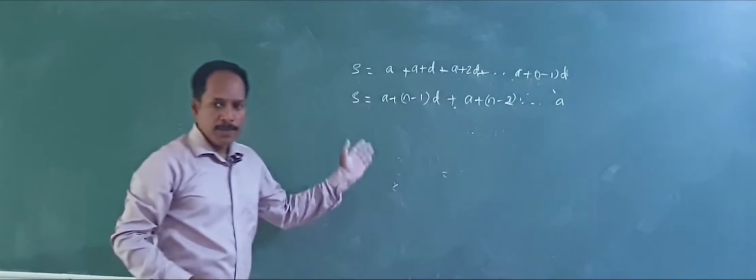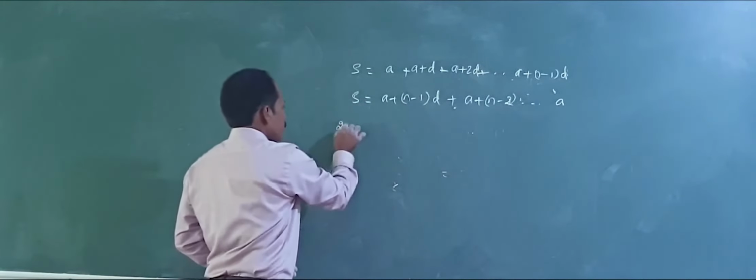Similarly, you can write it in reverse: a plus n minus 1 into d, plus a plus n minus 2 into d, and so on, plus a. Now add these two, so 2S as usual.